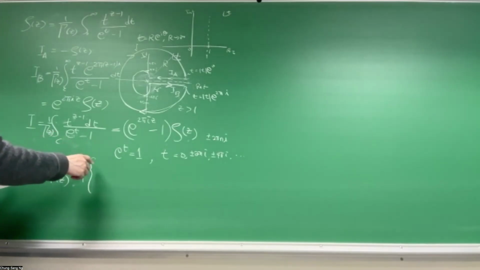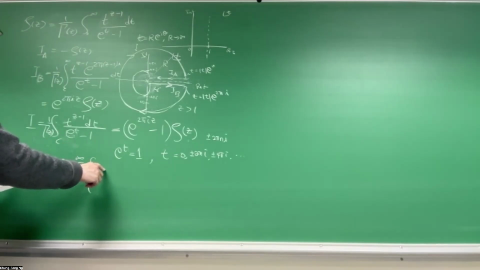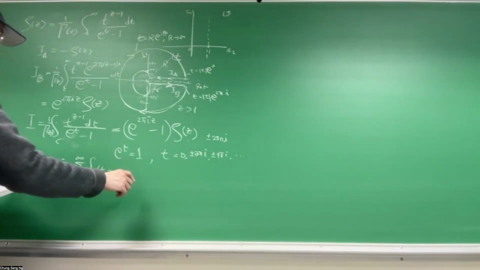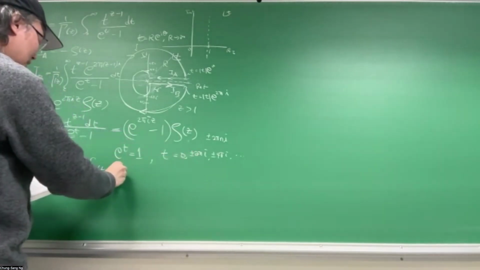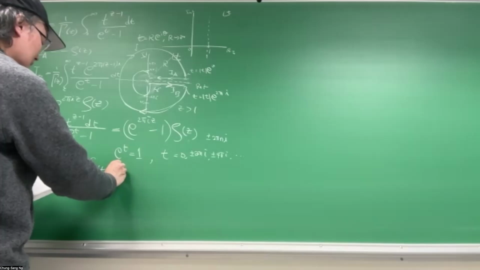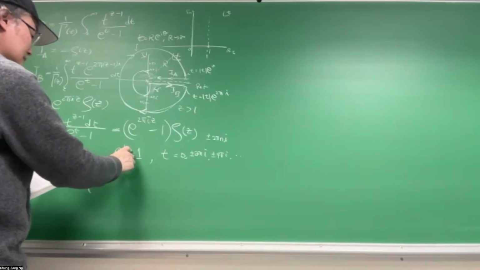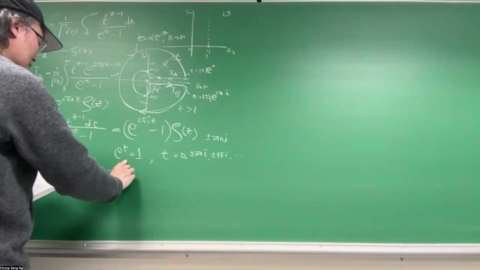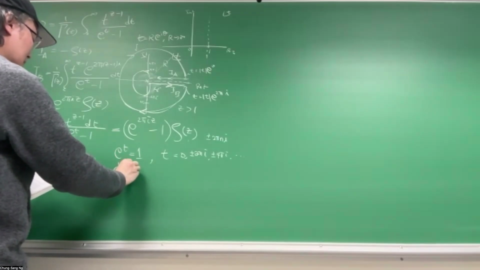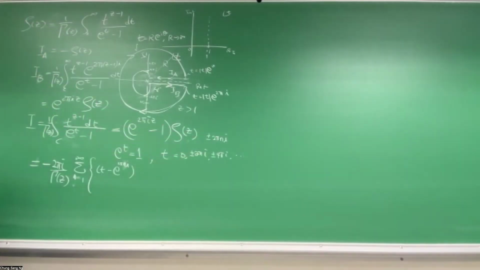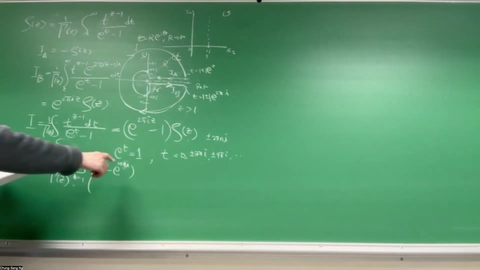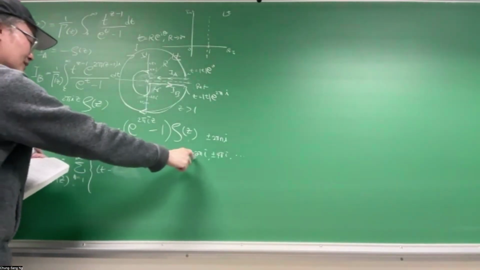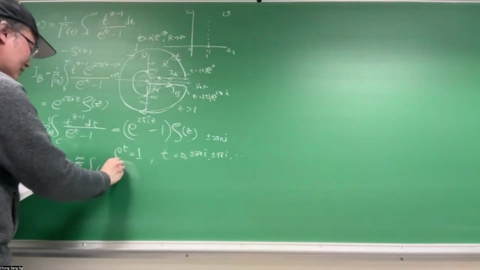The pole is where e to the t is equal to 1, so t is equal to 2 pi n i.